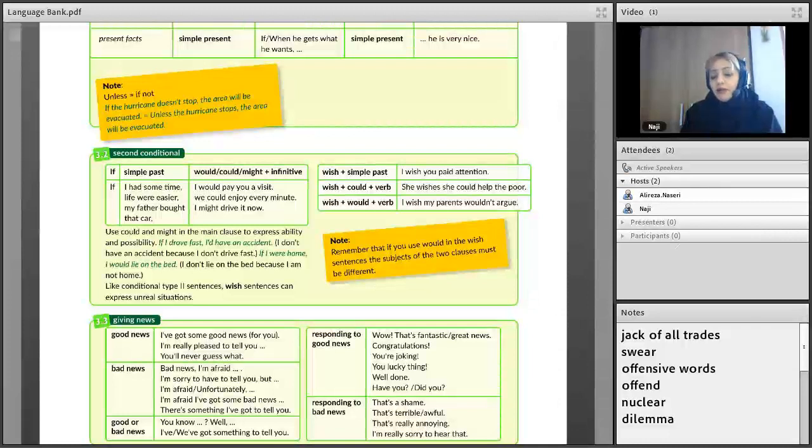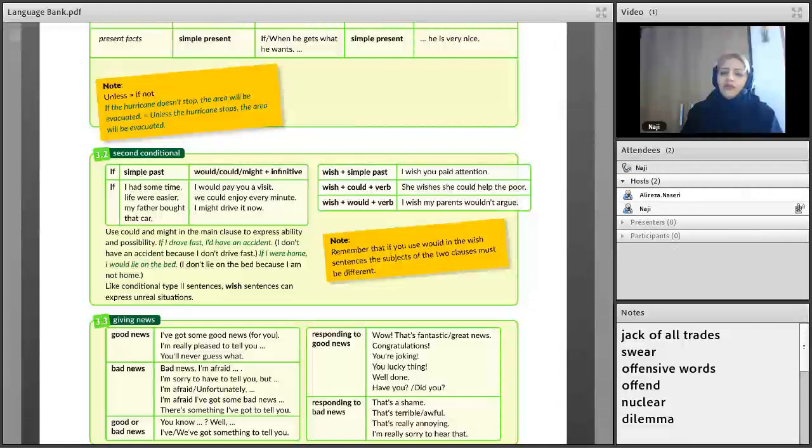Am I a doctor? No. If I were a doctor, I would help people. I don't have time right now because I'm in class. I cannot go to the party. If I didn't have a class right now, I would go to the party, or I could go to the party.